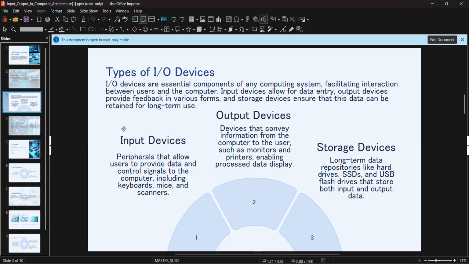Output devices display information from the computer to the user, for example, monitors, speakers, and printers. And storage devices are the devices used for storing data, so our hard drives, solid state drives, USB drives, all that. Those are the types of input output devices.